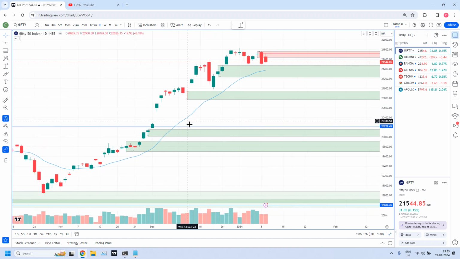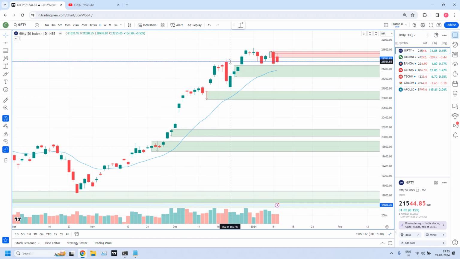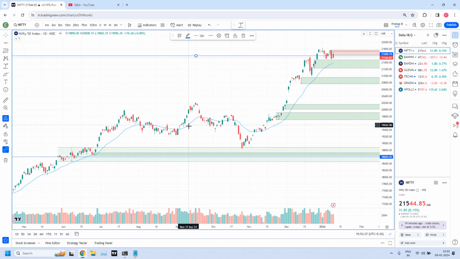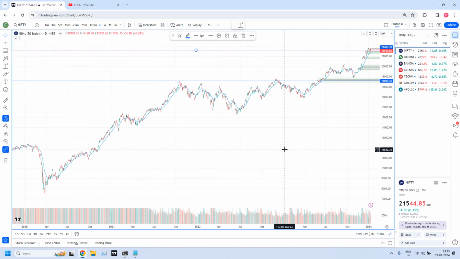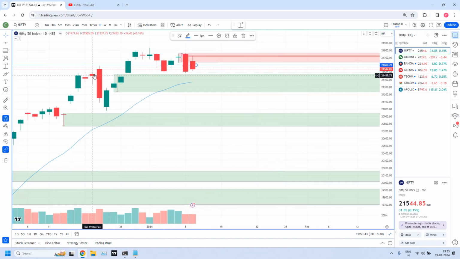Sometimes fake reversal bars also occur. Let me show you an example that happened recently. See here, the market is at an all-time high. You have a candle, you have a higher high, you have a lower low.